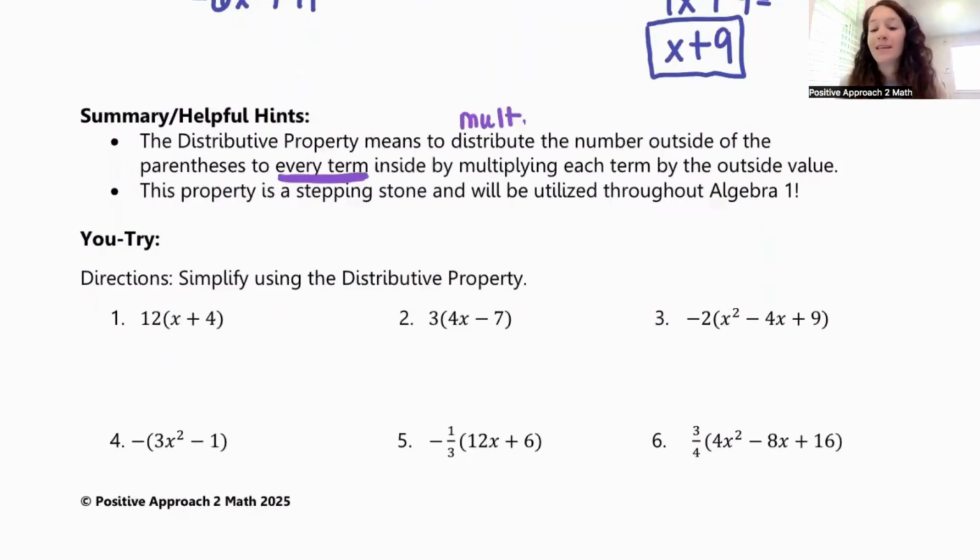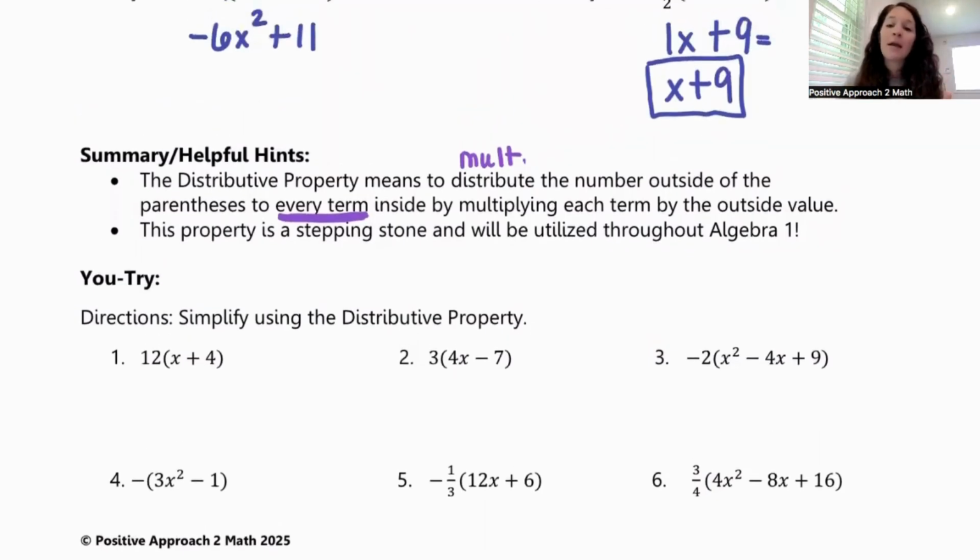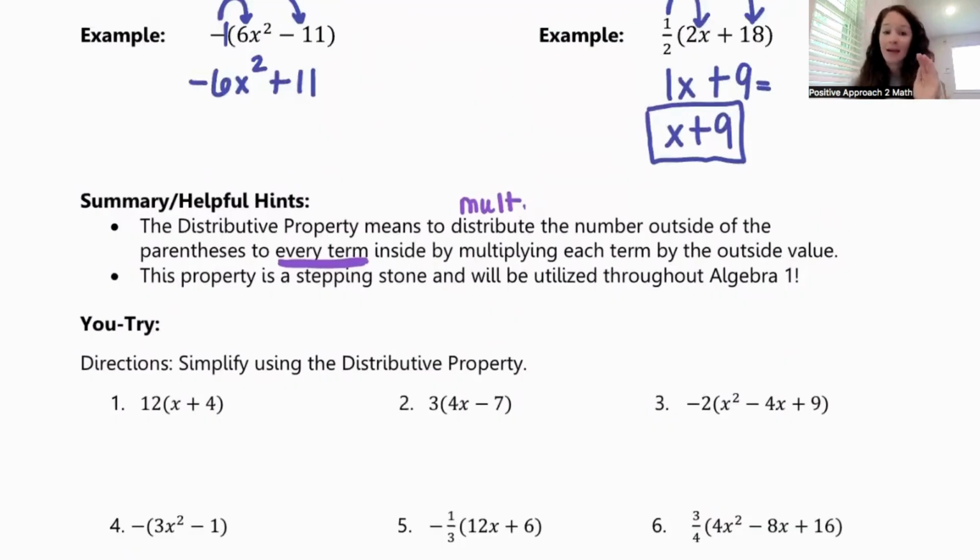So we are multiplying each term by the outside value. That outside value might be in the front of the parentheses, it might be in the back. And we recognize that it's being multiplied because there's nothing between that number and the parentheses. They're glued together. There's no symbol in between the outside number and your parentheses. That tells you, okay, distribute, multiply, okay?